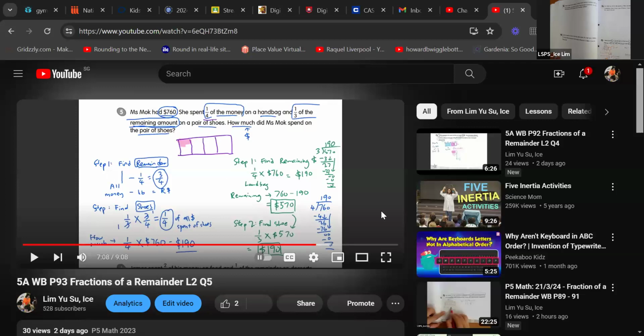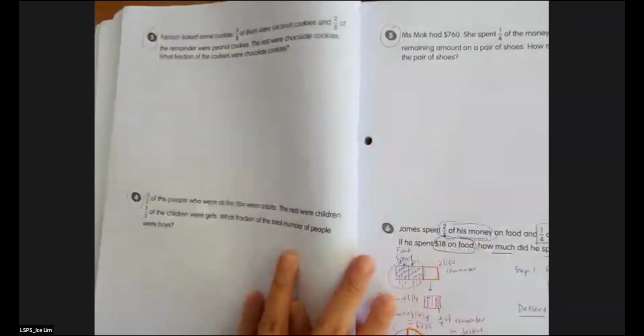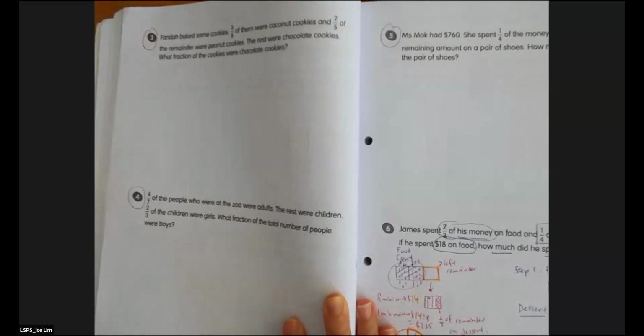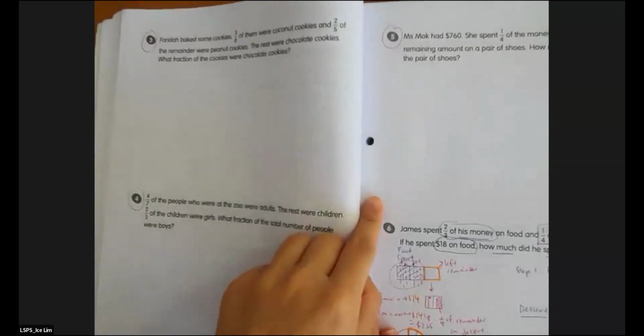These 2 are the different methods. I'll be referring to these 2 shortly. Right now, let's take a look at these 2. 3, 4, 5. Reminder, they are on YouTube already. I will not be going through again. So please do your duty to go back and study this.